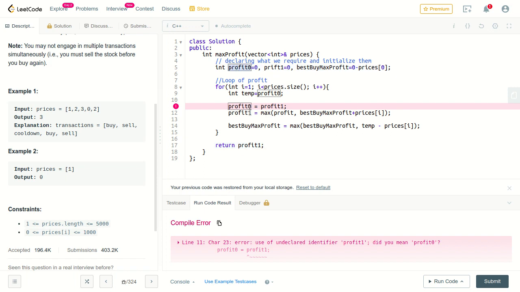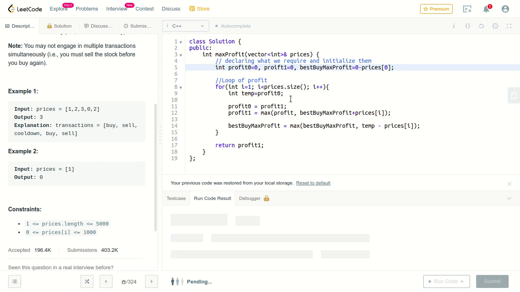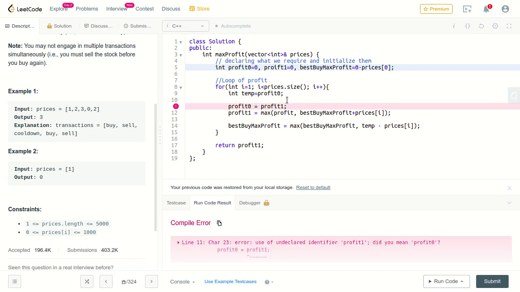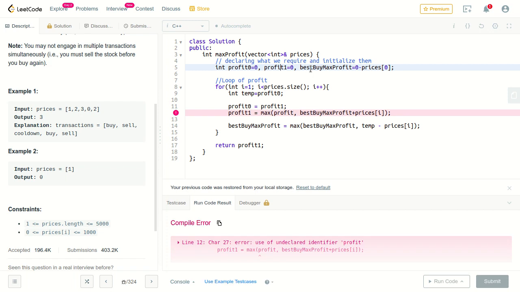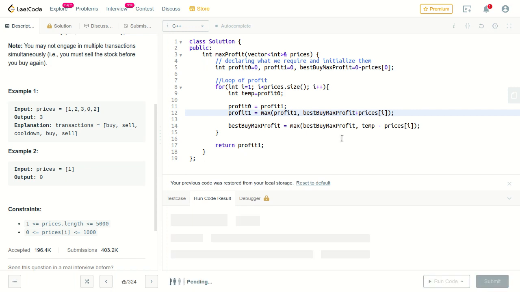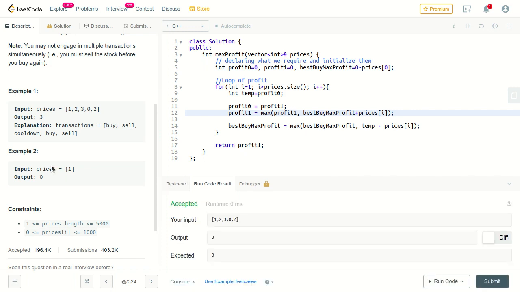Profit 0. This one is profit. Syntax error, bloody syntax errors. Again, what is it saying? Yeah, profit, sorry. Max, not profit, but profit 1. Yes, we are debugging. So it gives us 3 as expected.